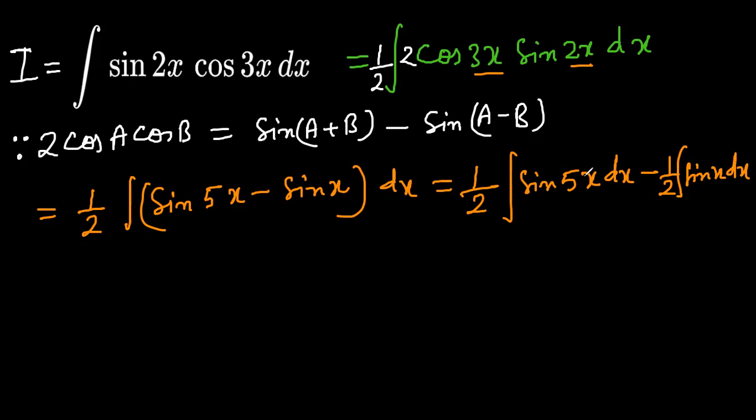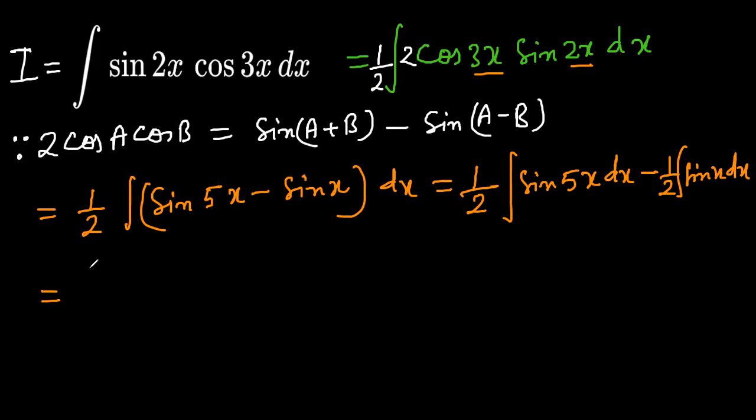There are two ways. You can also do it by substitution, taking 5x as t, then 5 dx equal to dt, so dx equal to dt by 5. Obviously that 5 will appear in the denominator, so you can also write it straight away.